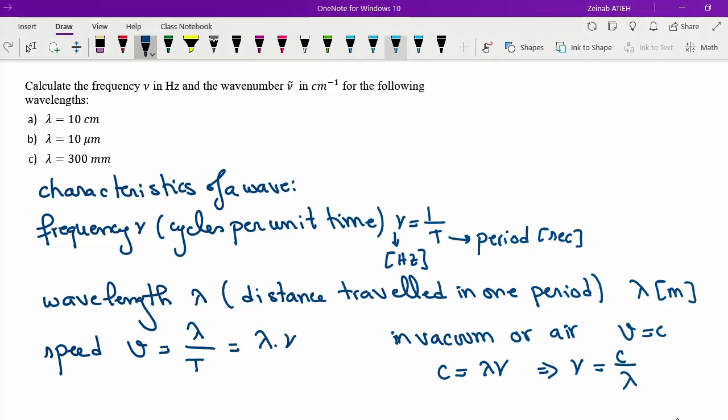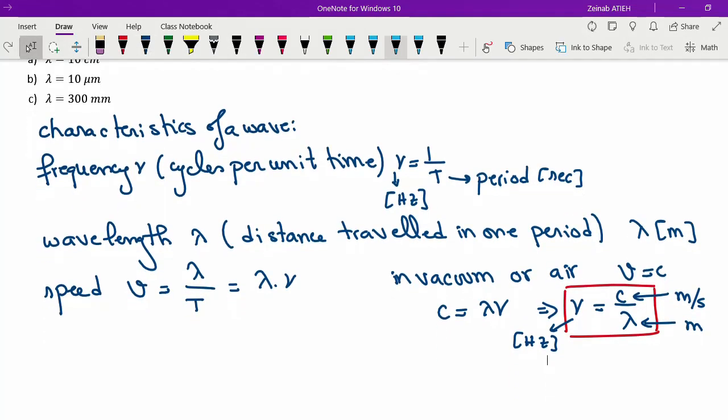So if we have lambda, we are able to calculate nu. If c is expressed in meters per second, the speed of light in vacuum, lambda must be expressed in meters so that meter and meter cancel, and we remain with 1 over seconds, which is hertz. So we will get the frequency in a unit of hertz.